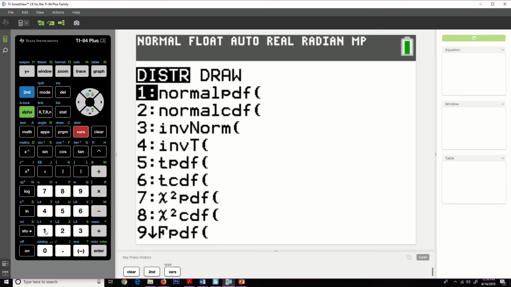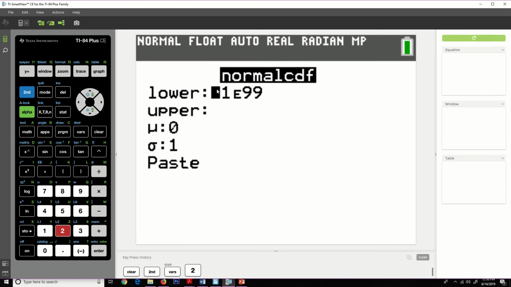And so if I hit number 2, it says the lower bound is -1 e to the 99. And so basically that's telling you it is scientific notation where we go 98 decimal places, 98 zeros, and then a point -1. So it's way, way, way over to the left. And we don't even need our numbers to be that small. We could go like -10,000 and we'll be perfectly fine.